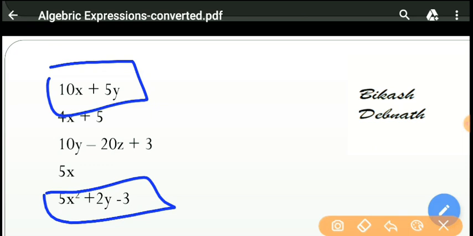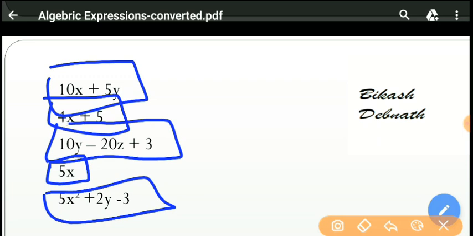This 5x squared plus 2y minus 3 is an algebraic expression. In fact, this 5x is also an algebraic expression. 4x plus 5 is also an algebraic expression, and these are its terms: 10x, 5y, 4x, 5, 10y minus 20z, 3, 5x squared plus 2y minus 3.